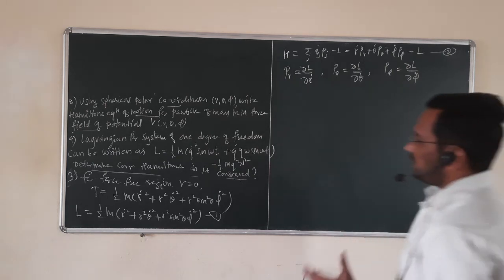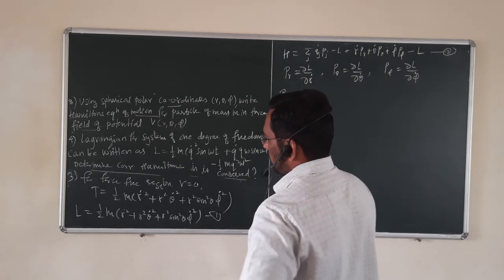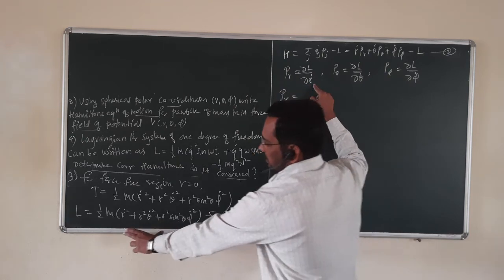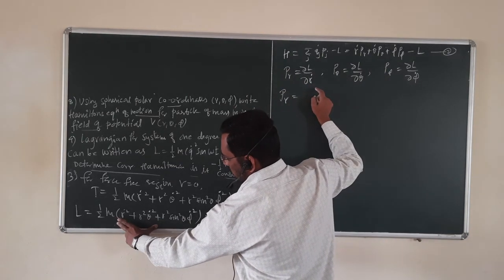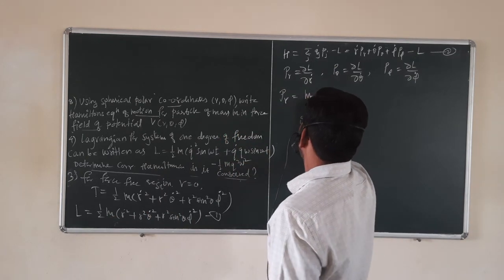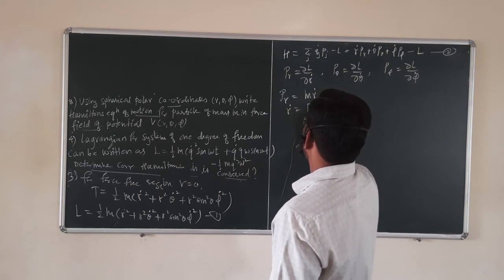So first of all Pr. Pr is equal to the partial derivative of Lagrangian with respect to r dot. If you take the derivative of this with respect to r dot, that becomes m into r dot. So from this we can write r dot as Pr upon m.